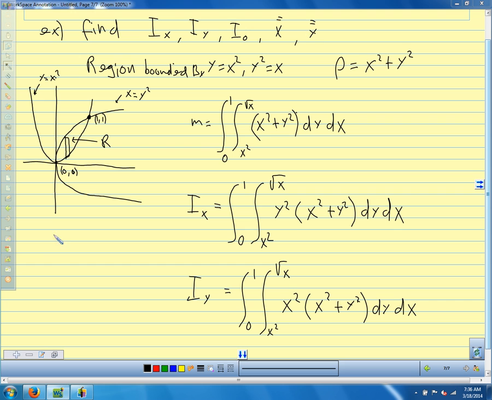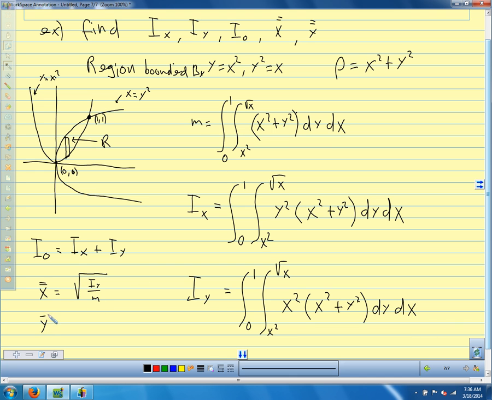I sub 0 is just going to be the sum of these two. Once we evaluate these two, find the sum. And usually that's how I would suggest you do it. Find them individually and then find the sum. And then x double bar is going to be the square root of I sub y from this integral over our mass from this integral.